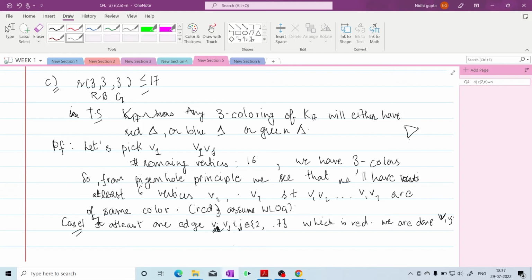We are considering these vertices only. So if we get this, then our triangle is V1ViVj, and we are done.